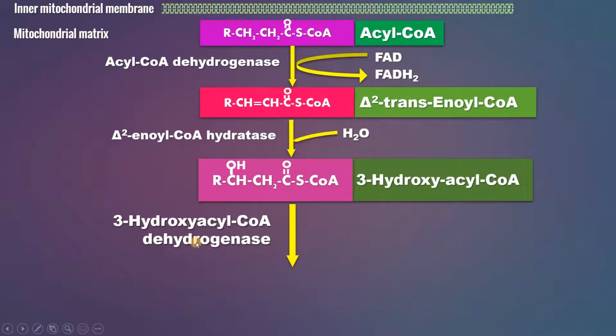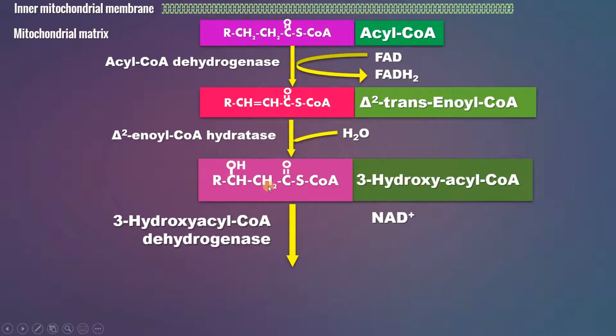One more thing you need to remember, wherever there is enzyme dehydrogenase, it must contain either FAD or NAD. So here in this case, the coenzyme is NAD. This NAD is oxidized. It will accept 2 hydrogen now from this 3-hydroxyacyl-CoA.